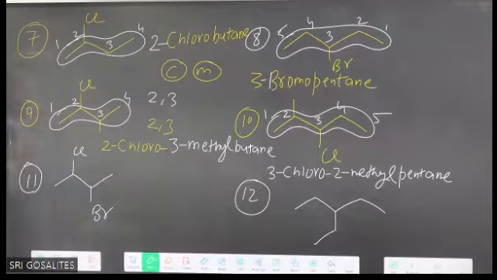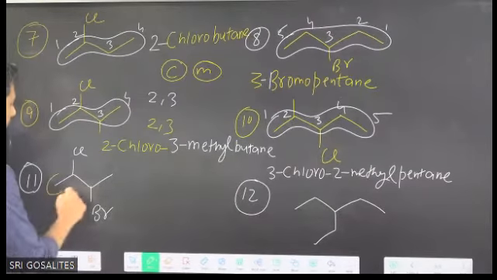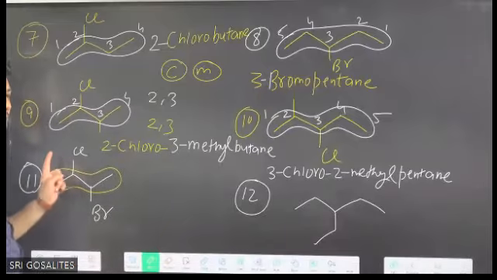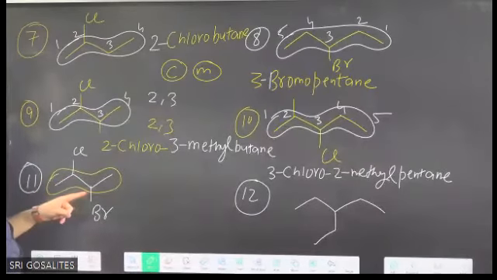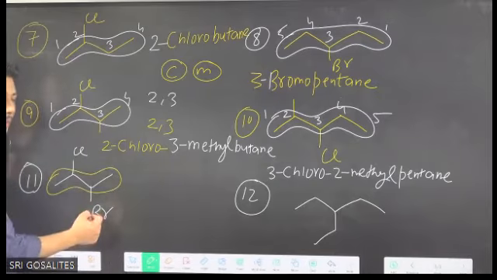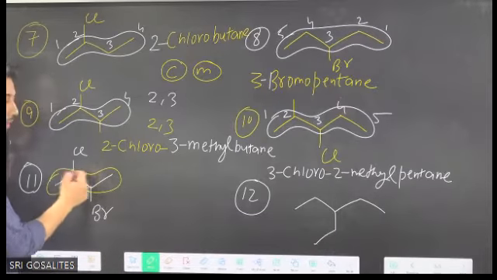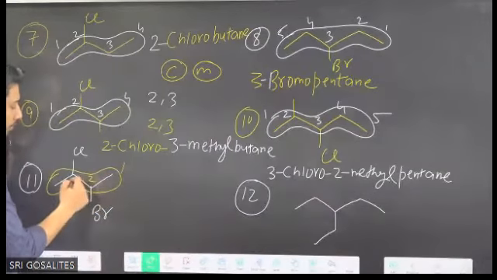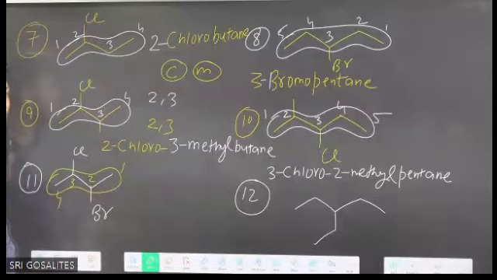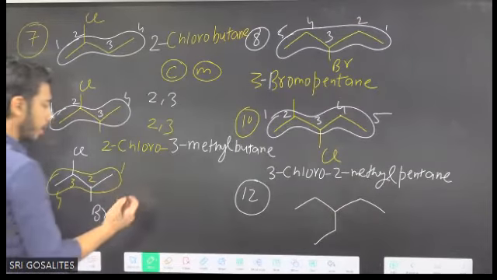Okay? Try 11th and 12th. In 11th, the longest chain selected has 4 carbon atoms. There is a tie. Second and third prefix. Alphabetically, which comes prior? Bromo, B. Then chloro, C. So 1, 2, 3, 4. But when you write it, write in alphabetical order.